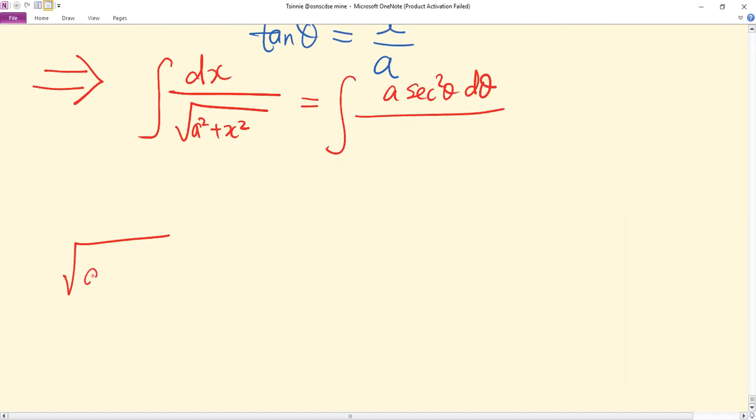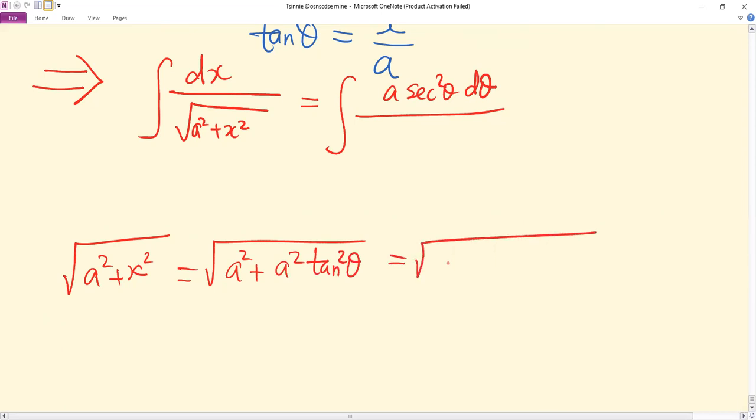Square root of a squared plus x squared is the square root of a squared plus, x being a tan theta, a squared tan squared theta, which is the same as the square root of a squared times 1 plus tan squared theta.